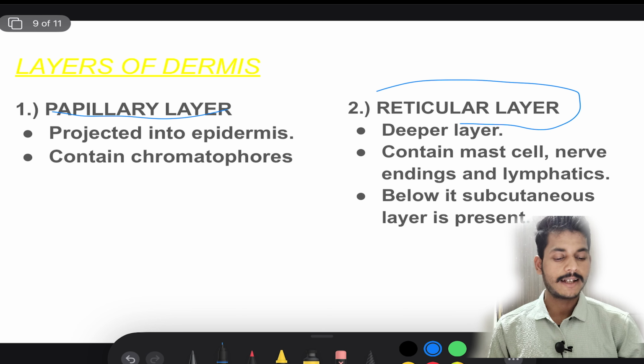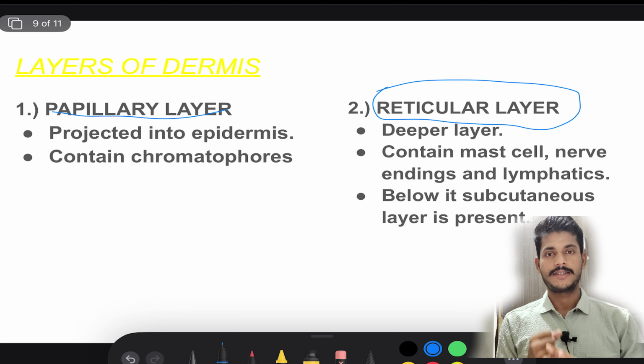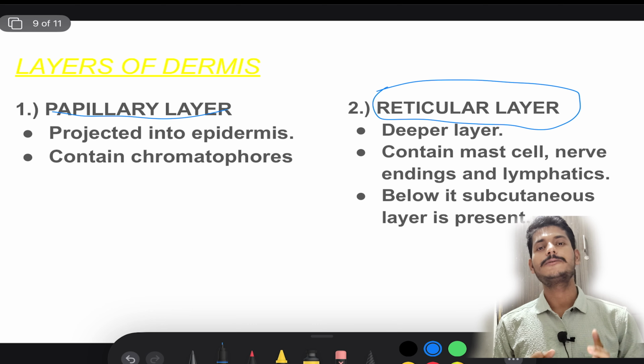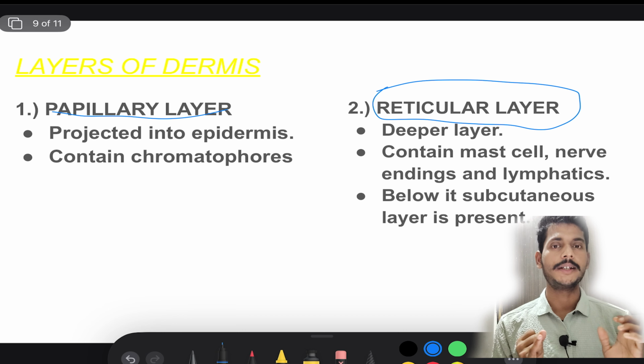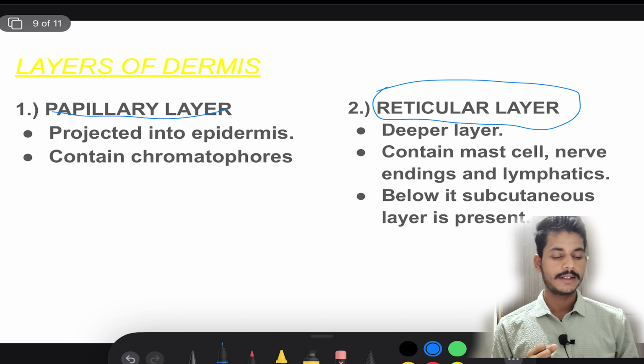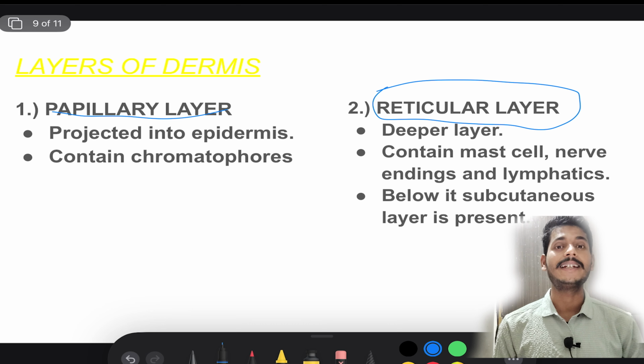This reticular layer has immune function, because it contains the mast cell, and you know that mast cells are involved in providing adaptive immunity. Got the point? Apart from the mast cells, this reticular layer contains the nerve endings and the lymphatics.